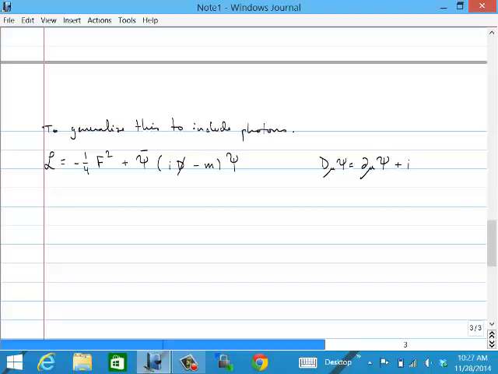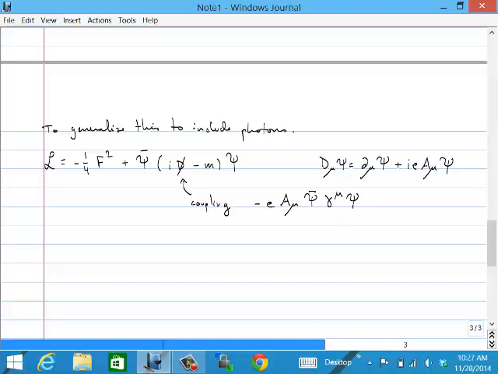So in particular, we need to use this gauge covariant derivative, capital D mu. Okay. So that means that that leads to a coupling term which looks like minus e times A mu psi bar gamma mu psi.